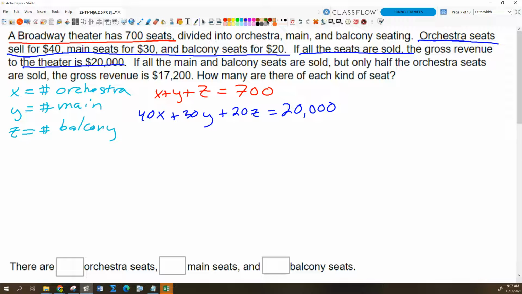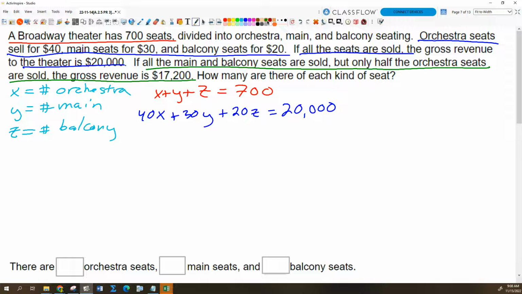Okay. Now, what about the last part here? It tells us if all main level and balcony, but only half of orchestra are sold, the revenue is $17,200. How's that going to change the blue equation? We're still selling all of the main and balcony, but is it half of the orchestra?